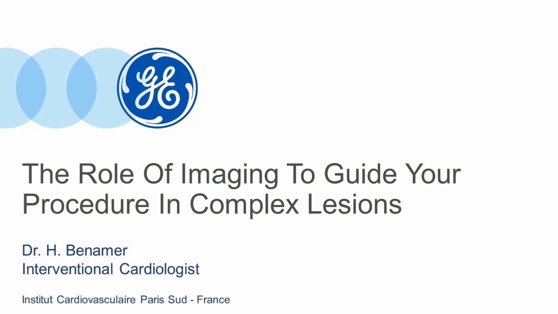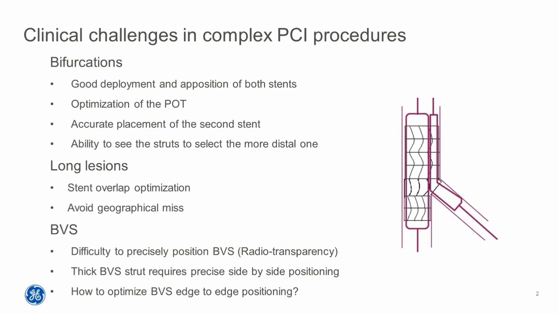Okay, so I'm going to show you with some cases how PCI Assist helped me in my daily practice for complex lesion PCIs. So what are some kind of complex procedures? First of all, the bifurcation cases, where it is very important to assess that the stents are well deployed, especially on the proximal part of the bifurcation lesion, with the POT technique, which is a very important step of the strategy, the proximal optimization technique.